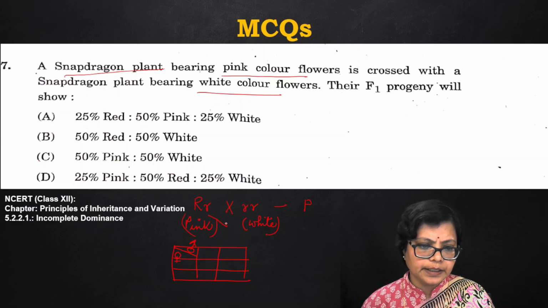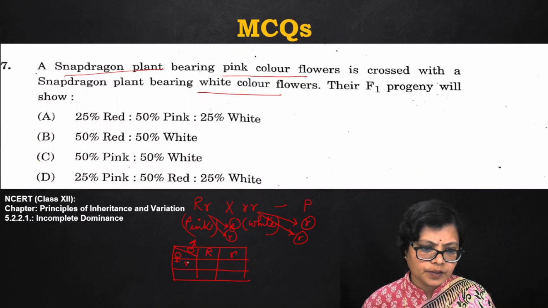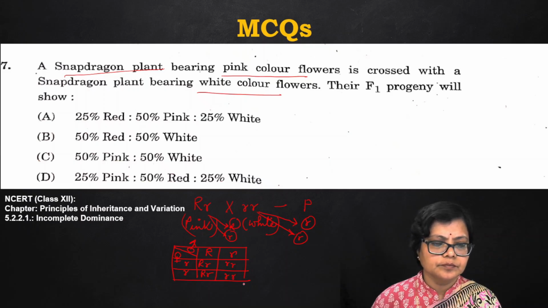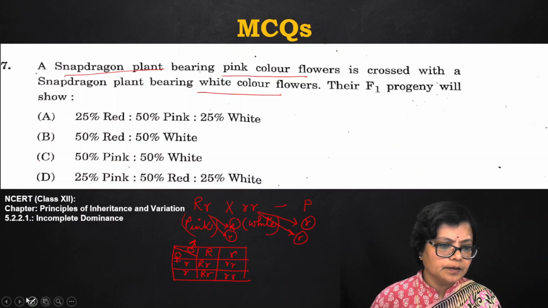From here the gametes will be capital R and small r. From here the gametes will be small r and small r. So capital R small r, small r small r, capital R small r, small r small r.